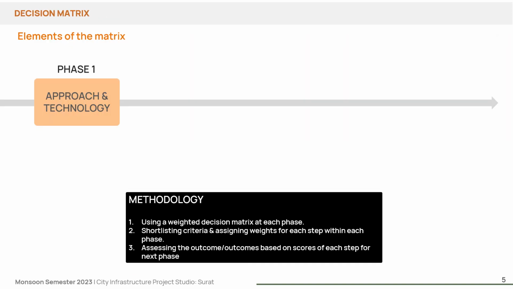A decision matrix has been developed to assess suitable sanitation infrastructure options for each village. This has been done in three steps. In the first step, the approach is determined, namely centralized or decentralized, and then a suitable technology is recommended based on the weighted score assigned.